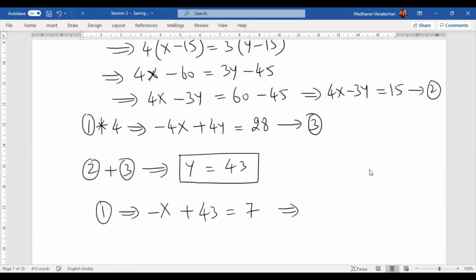That means I can bring that 7 to the left side, take the negative x to the right side, and we will have x is equal to 36. So the age of person X is 36, the age of person Y is 43 currently. That is the meaning of that.